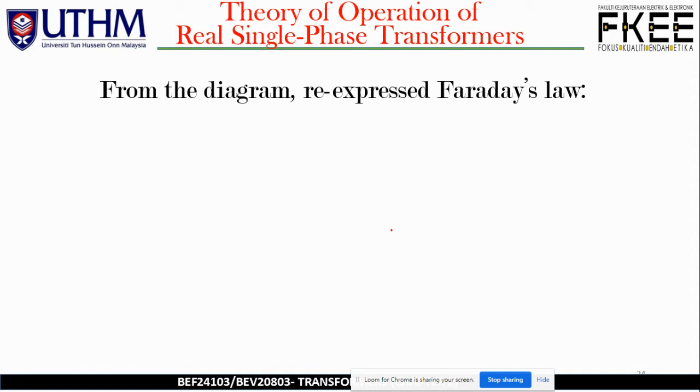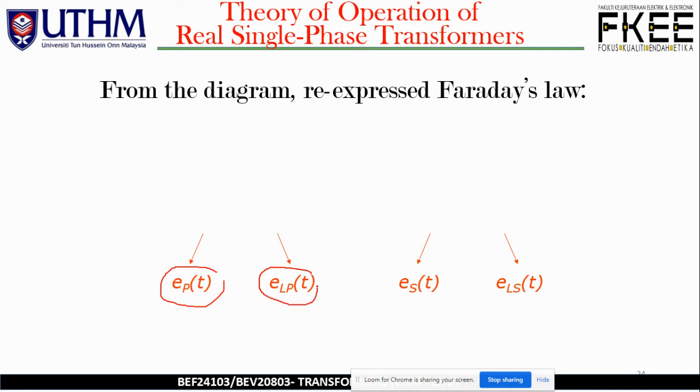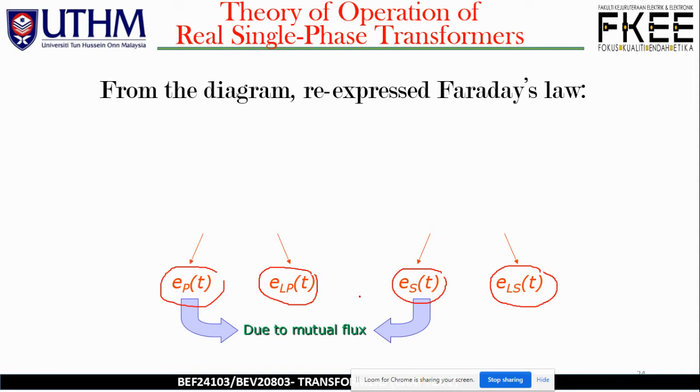And then from the diagram, we are able to re-express Faraday's law. So how it works: this is the induced voltage at the primary, the induced voltage due to leakage flux at the primary, as well as the induced voltage at the secondary and due to the leakage flux at the secondary, and due to the mutual flux.